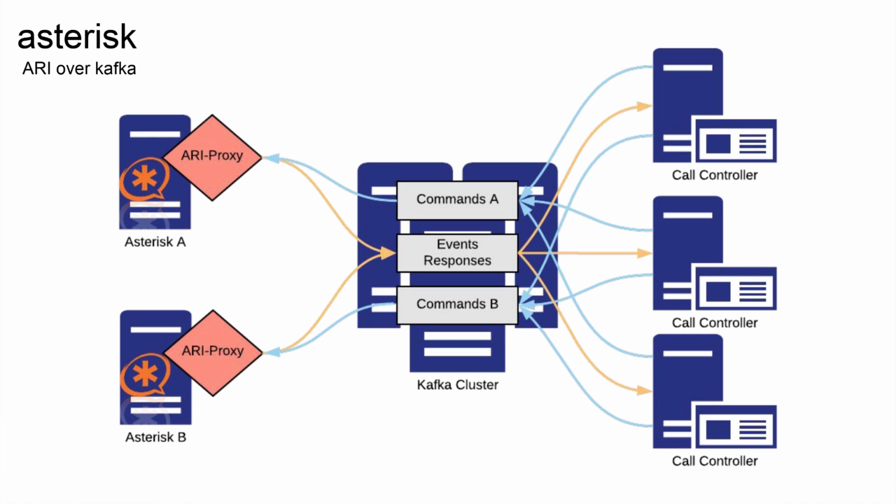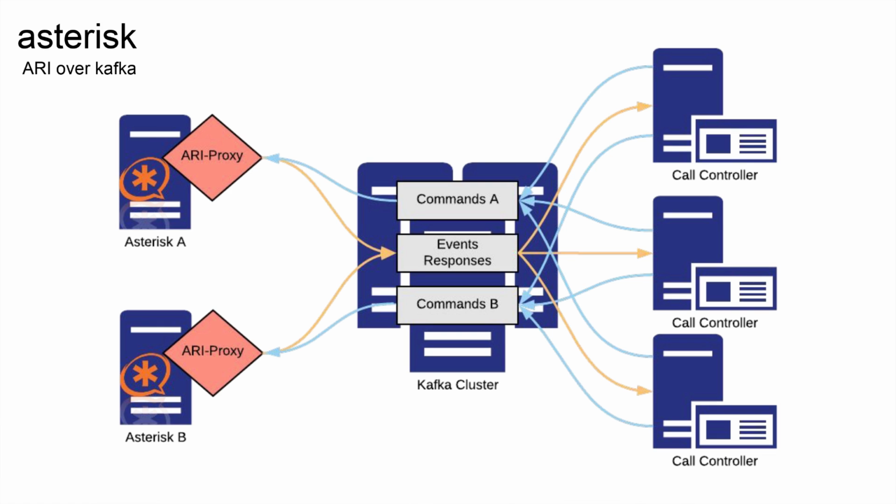And then we have the possibility to have multiple call controllers on the call controller side. There we get something for free from Kafka. Kafka does message routing. It's not like RabbitMQ where you consume out of the message queue and then it's done.